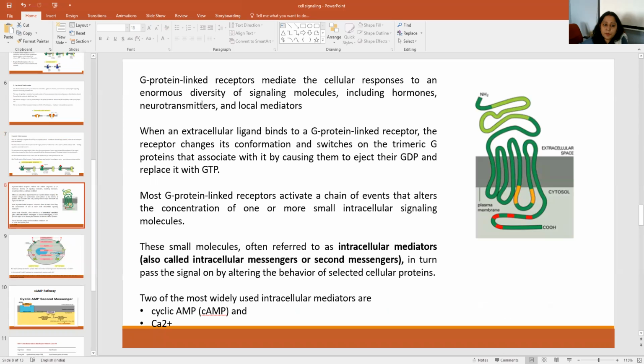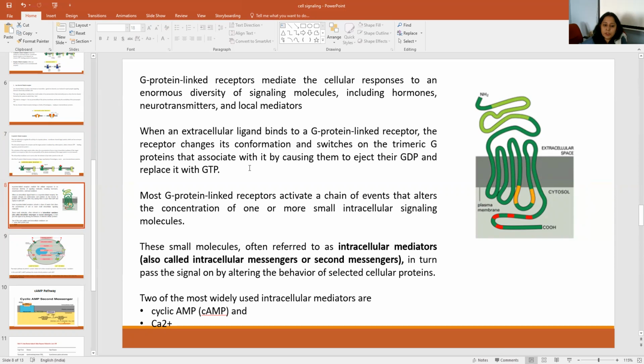G protein linked receptors mediate the cellular responses to an enormous diversity of signaling molecules, including hormones, neurotransmitters, local mediators, etc. So what happens when an extracellular ligand binds to a G protein linked receptor? The receptor changes its conformation and switches from the inactive form to the active form.